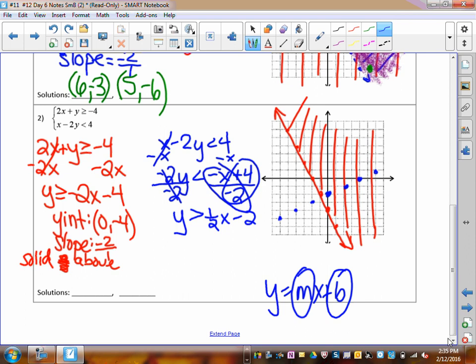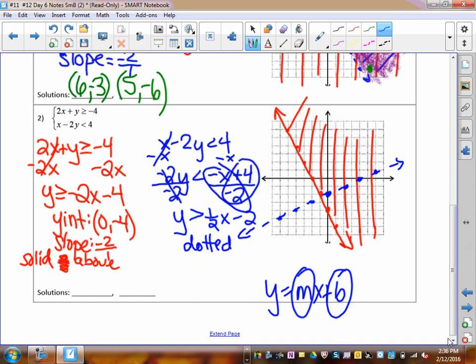Evan, is this a solid or a dotted? Very good, dotted. So let's throw in our dashes here. It's dotted.